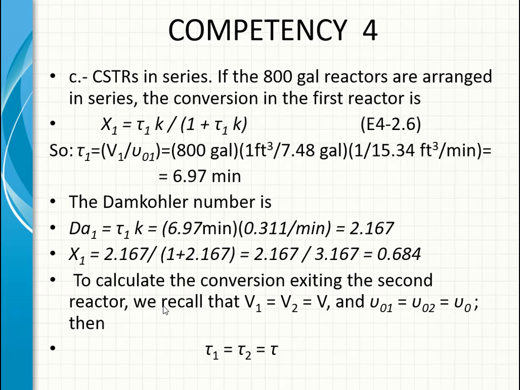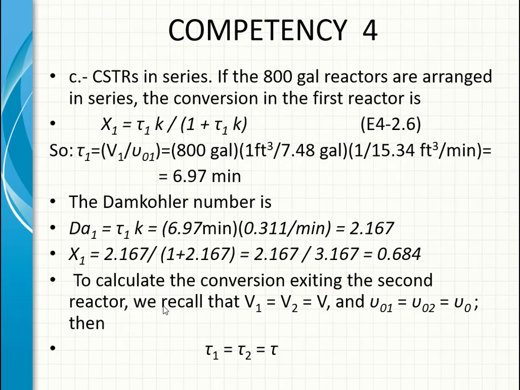We are not dividing the volumetric flow rate in two. So tau 1 is going to be 6.97 minutes. From here, the Damköhler number, Da1, is going to be 2.167, and X1 is going to be the Damköhler number divided by 1 plus the Damköhler number, which is 2.167 divided by 3.167, equal to 0.684.